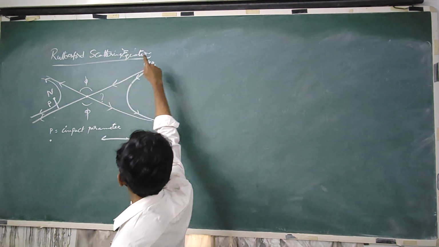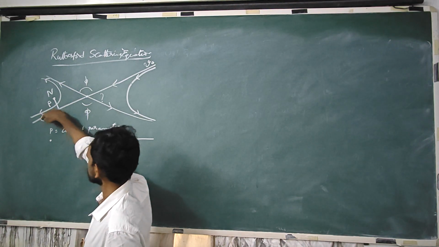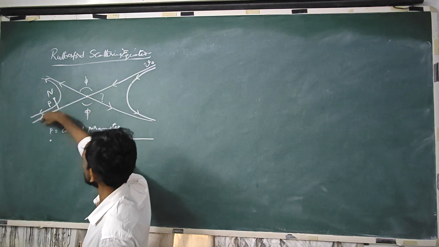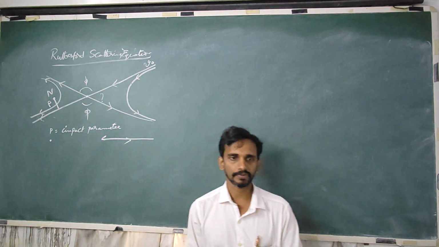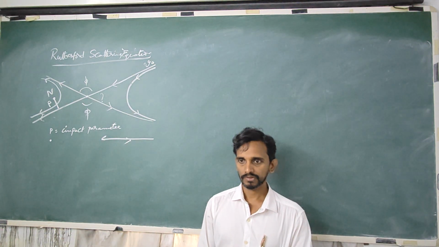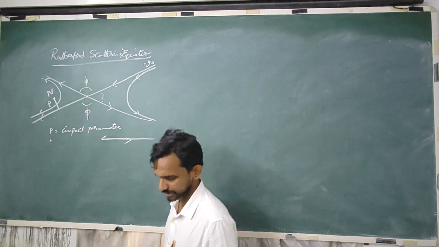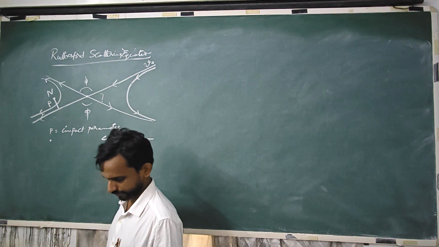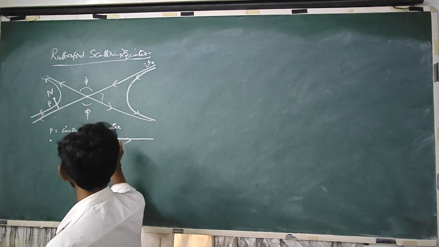Considering the incident direction, it is traveling along this ray, so the perpendicular distance is called the impact parameter. That is the closest distance that a particle can approach, I mean, in the case of a head-on collision.